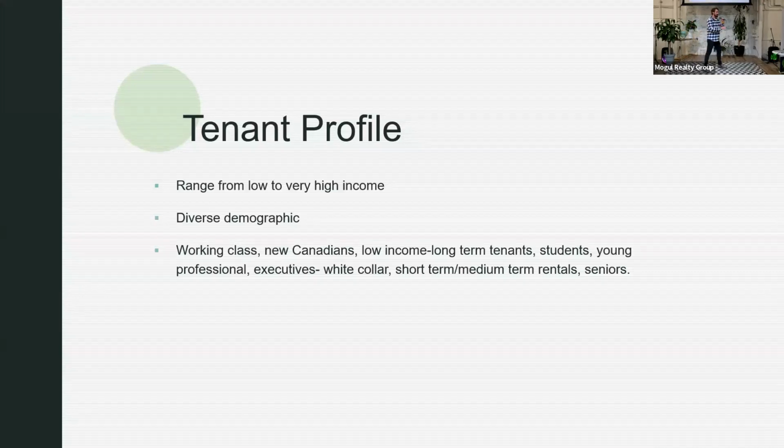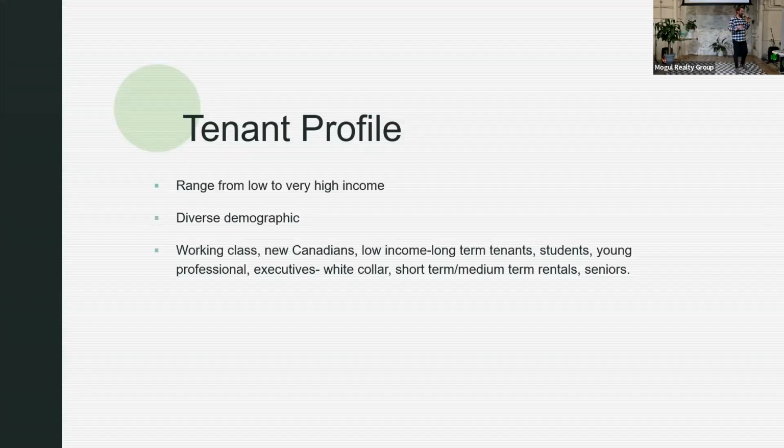You have some low income, but then you have the extreme side of very high income as well. It's a very diverse demographic, with all ethnic groups and a large population spread out.